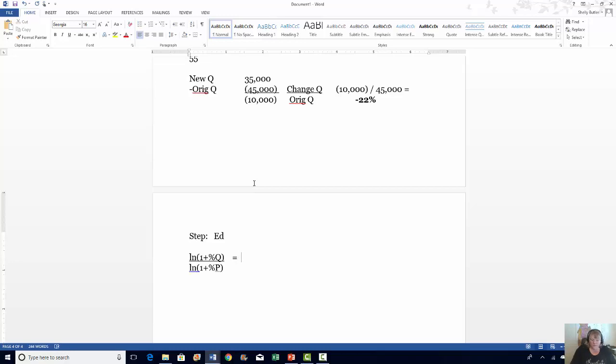Equals logarithm 1 plus, and these are the numbers that we're going to use, the negative 22%.